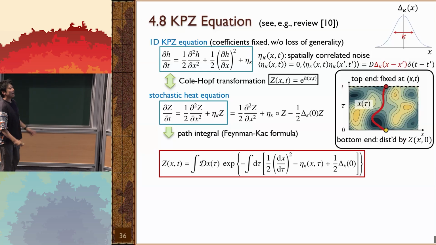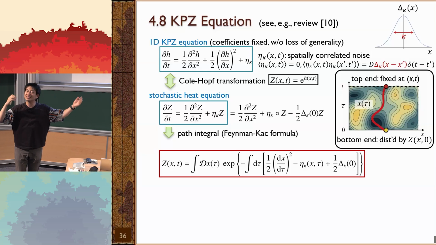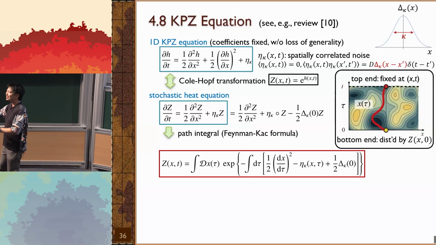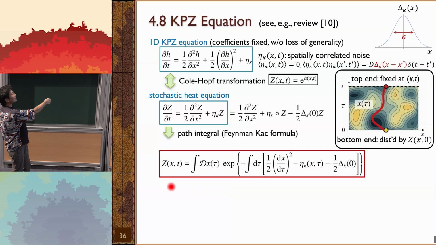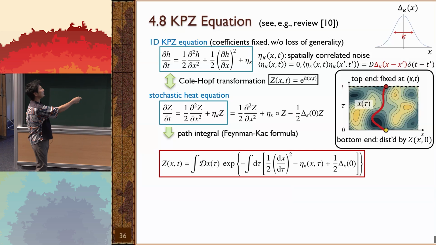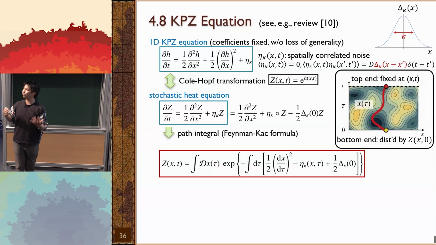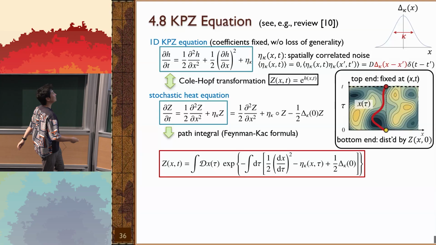Now let's switch our mind from quantum mechanics to statistical mechanics. Then this starts to look like a partition function, right? Z is a sum of exponential of something over all possible configurations of the path. So this is a partition function.